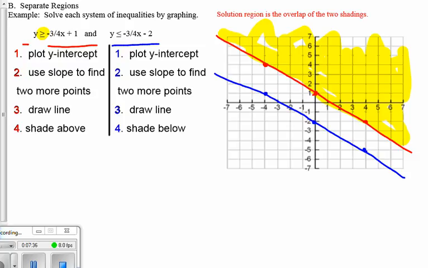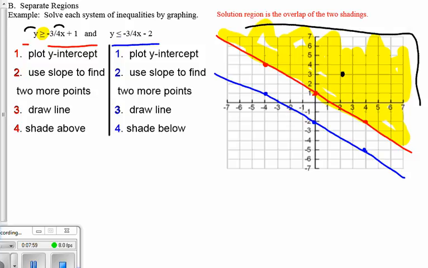What this is telling us is I can go right here and say at the spot where x is 2 and y is 3, that would satisfy this inequality. I can plug x is 2 and y is 3 into that, and that would come out true. Okay, this is all of the region that makes that inequality true.